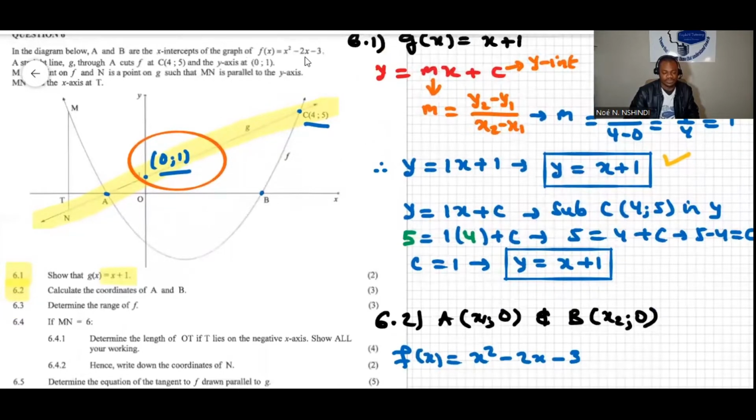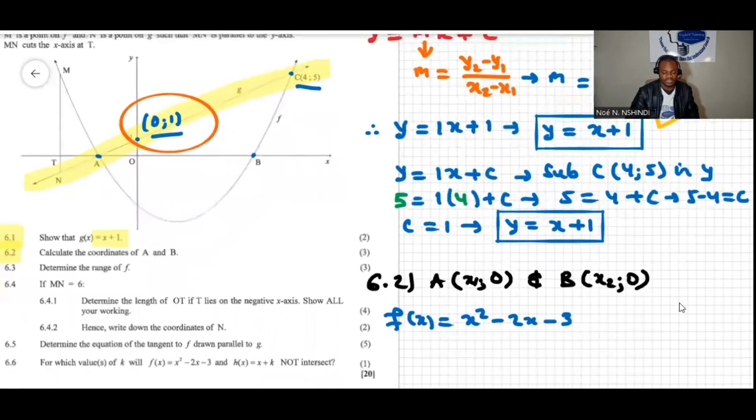Because A and B are the x-intercepts, the y value, f of x, is just y. I prefer to write y here. So because they are x-intercepts, we're going to set y equal to 0. So it's going to be 0 equal to x squared minus 2x minus 3. Now we can solve this by factorization. I want to take the value.